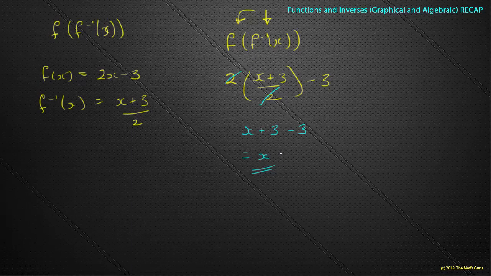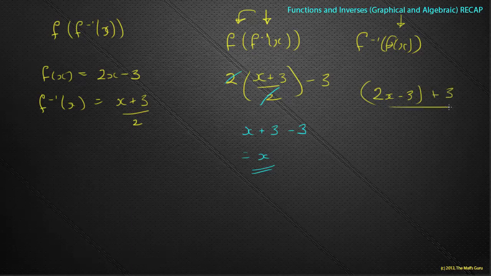So the function of the inverse, well, hold on, what happens if I do that differently? What happens if I do it the other way around? What if I want the inverse function of the function? Well, that just means put the original function into the inverse. Where there was an x, I'm going to put 2x minus 3. I'll even put it in brackets.